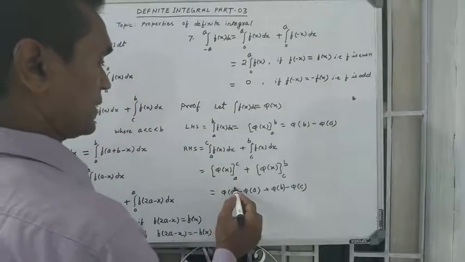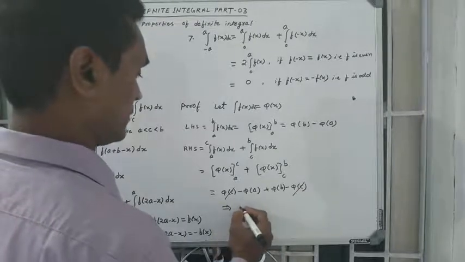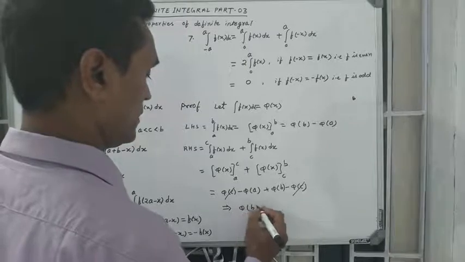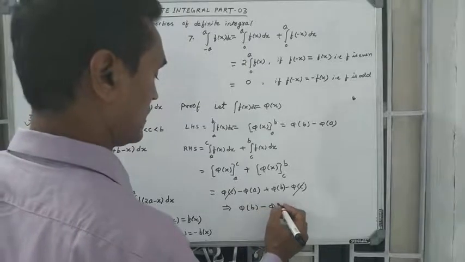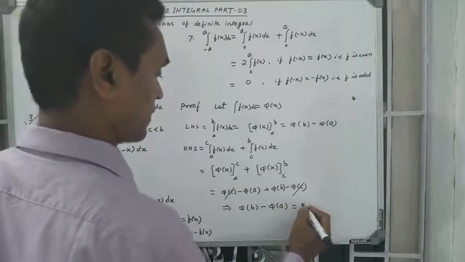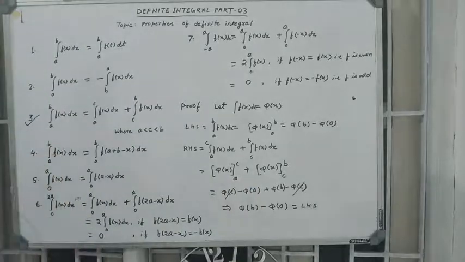So this phi(c) will cancel and ultimately we get phi(b) minus phi(a), which is the LHS. So proving these properties is very easy, but the proof is not important. We have to learn the properties.